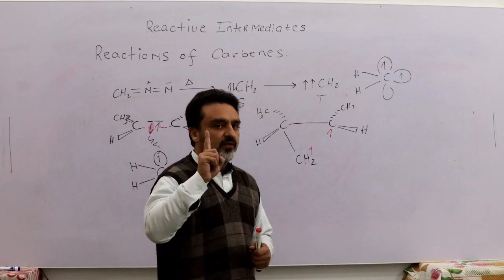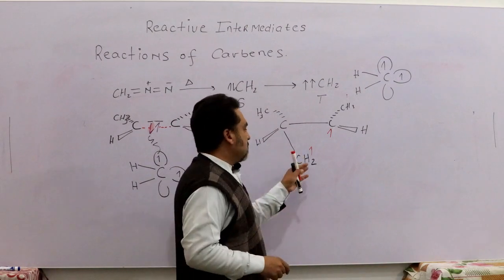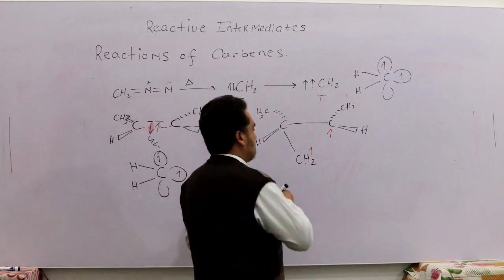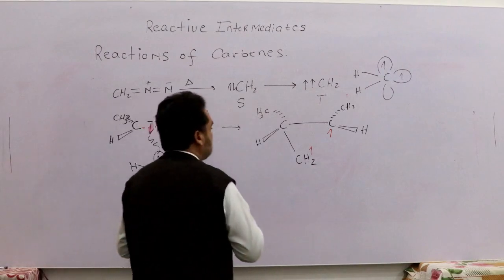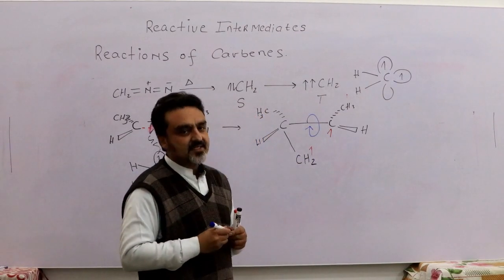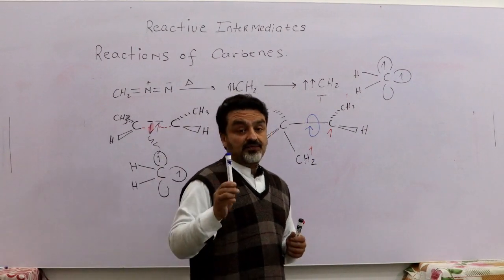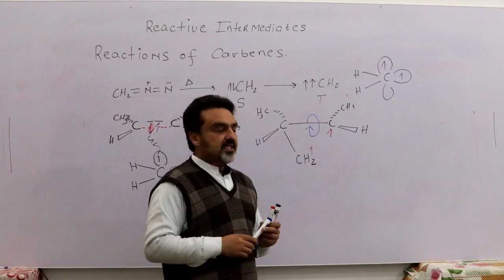If any one of them becomes an opposite spin to the other one, a bond will be formed. But what about the free rotation? Now we have another beautiful phenomenon. Free rotation across this bond is taking place, and the free rotation is much faster than the spin flipping, so the molecule will rotate.